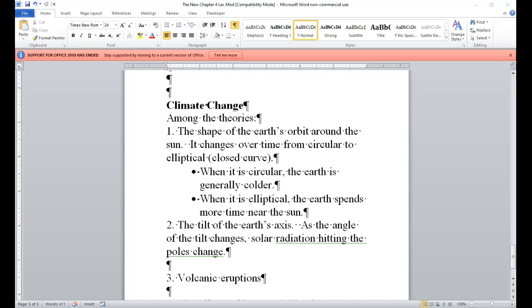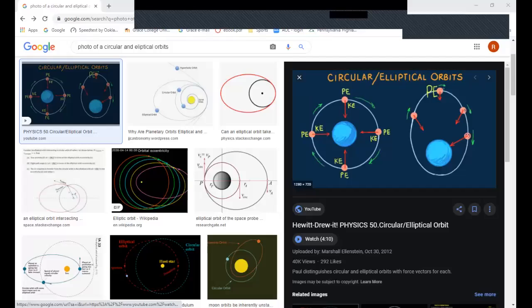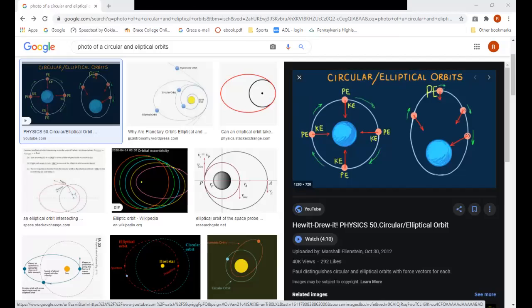I want to take a look at some of these. You can see the circular type of orbit, and then here's the elliptical, like I was talking about. During those types of orbits, the Earth spends more time near the sun, so it's warmer during the elliptical orbits.